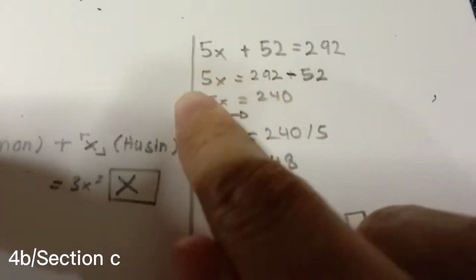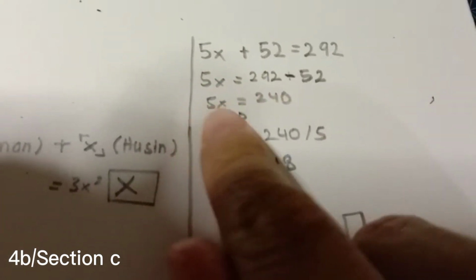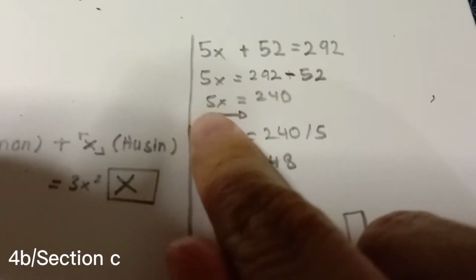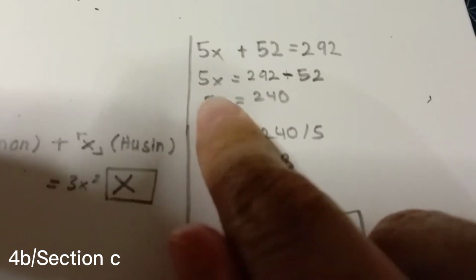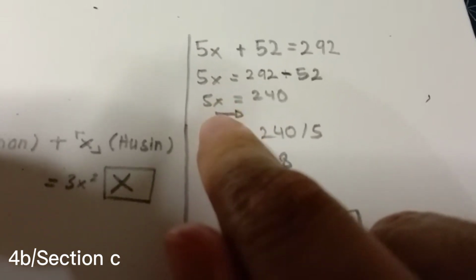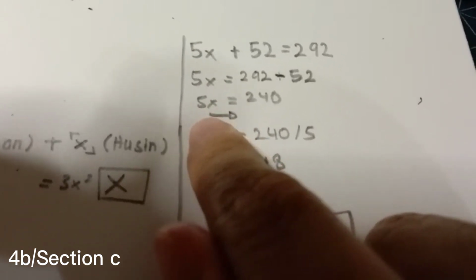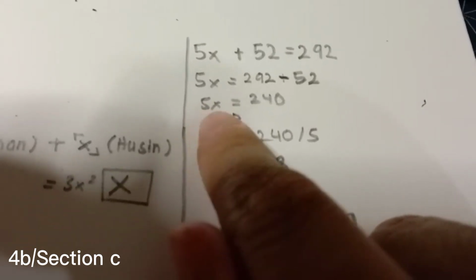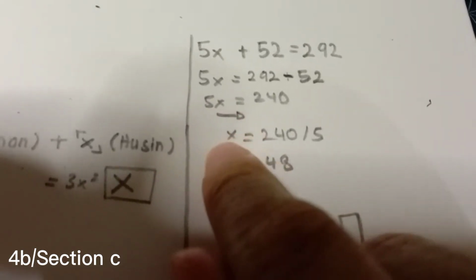As I said, with the tukar gelanggang, we take the 5, which is times 5 right now, because before this it is 5 times x. Now we just separate it.